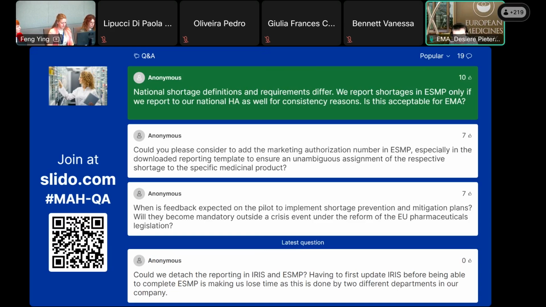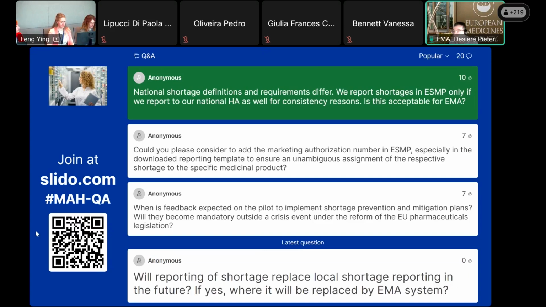Of course, implementing it into national legislation is still the responsibility of the nations, but we are working on providing a harmonized definition as well as looking into all of the national requirements and seeing if we can bring them together on an EU level to come up with a harmonized proposal. So we understand that the different definitions and the different requirements are giving a lot of extra work. We are working on it. We're looking to harmonize as much as we can.